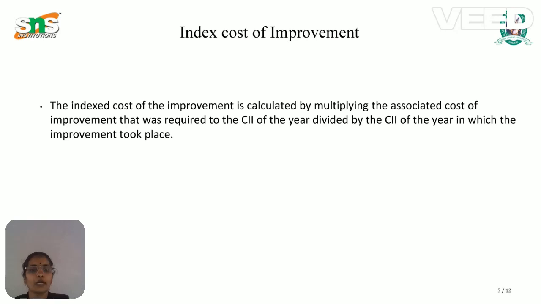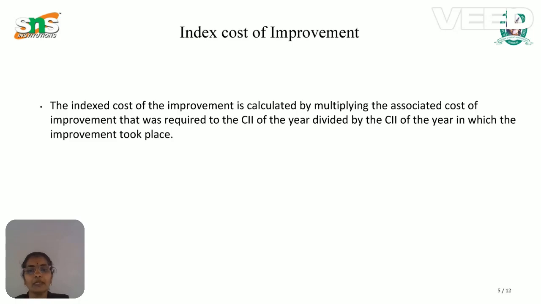When calculating it, we multiply the cost of improvement by the CII for the year of transfer, divided by the CII of the particular year in which the improvement took place.